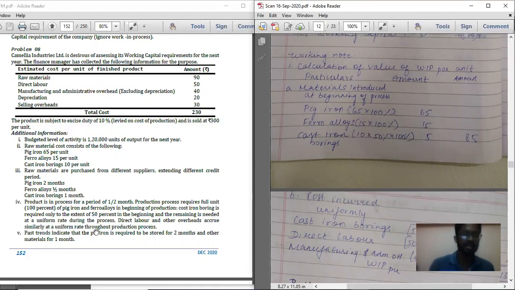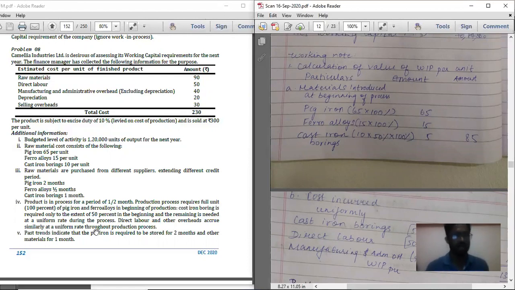See, understand cast iron boring, it is a little complicated. What they are explaining is that cast iron borings is required only to the extent of 50% in the beginning. That is, out of 100% of cast iron borings material, 50% is required in the beginning, and the remaining 50% is required from the beginning till the end at a uniform rate. So simple.